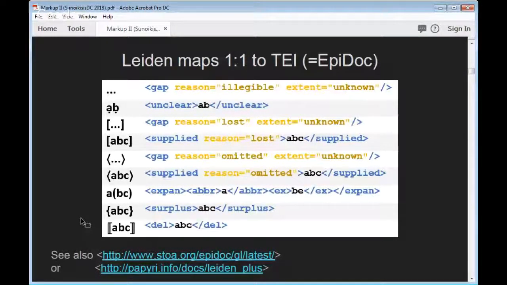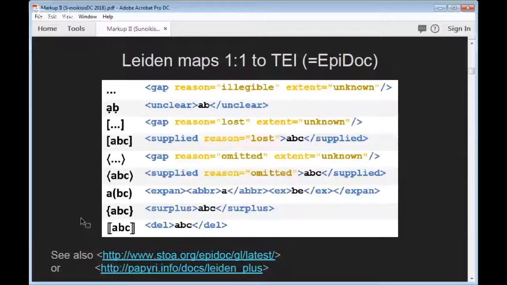Do note one feature of this is that where the Leiden includes some characters, so in most of these cases, all but the three that are represented by dots, this means that we are including something in our edition that is in some way unclear, uncertain, missing, restored, or otherwise to be commented on in the markup. And those characters remain the same in XML.